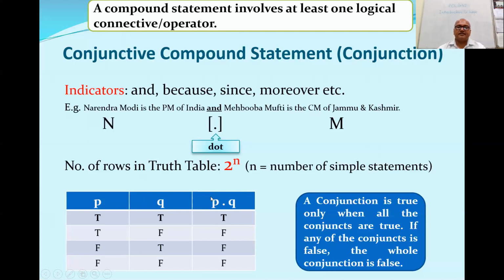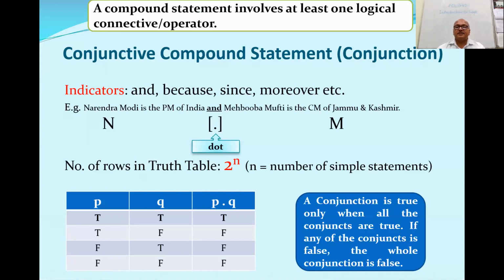Now we have seen that a simple statement is either true or false, and the truth value of the simplest form of a compound statement is dependent on the truth value of the simple statement. And then the negation inverses the truth value, right?